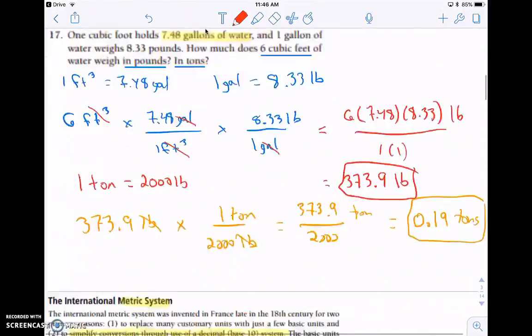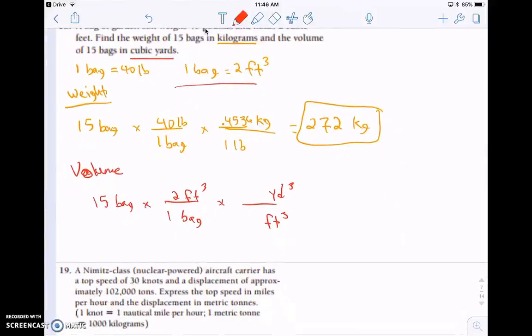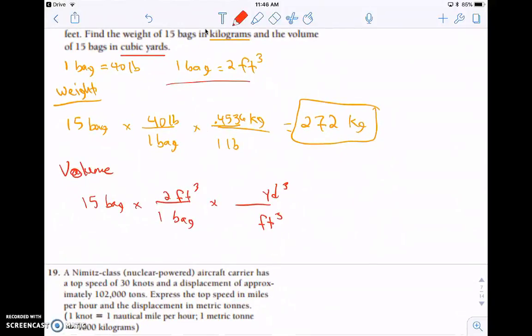So we are going to use that information. So we have 1 cubic yard is 27 cubic feet. So you would do 15 times 2 over 27. Okay, and this is going to give us approximately 1.1 cubic yards.